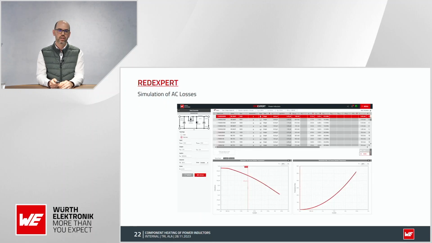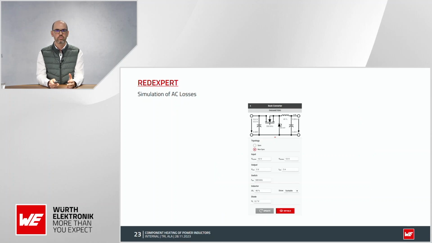We have had the possibility for years to type in the application parameters, like the input voltage, output voltage, the frequency, the ripple current. So every important piece of information we need to calculate the AC losses for the power components can be written in here, then it can be calculated, and then you get an answer for the AC losses.